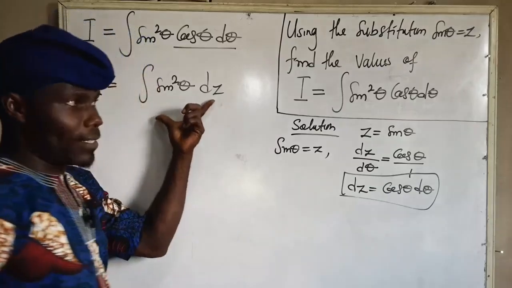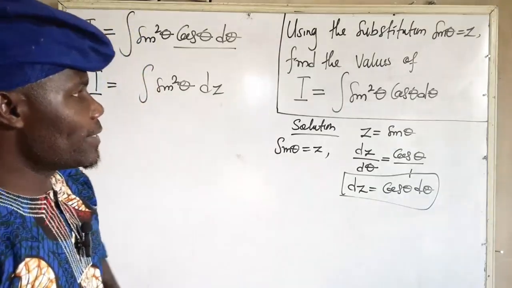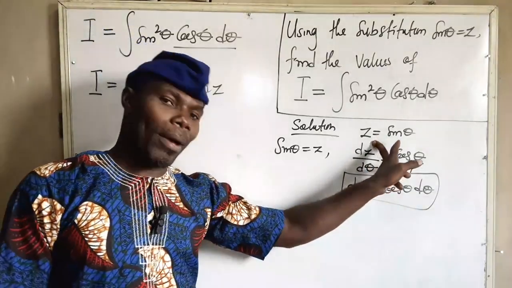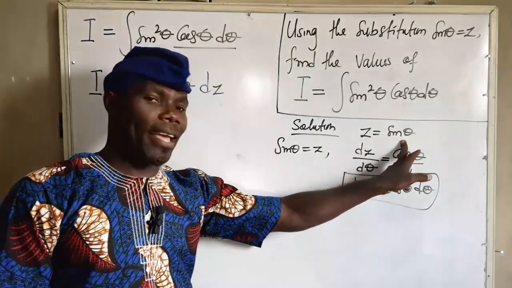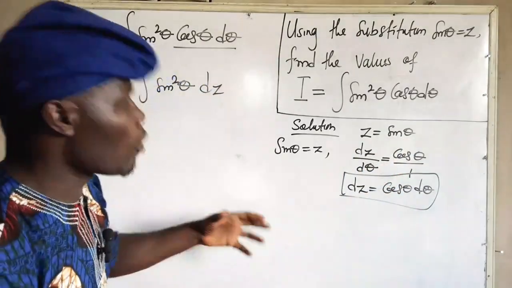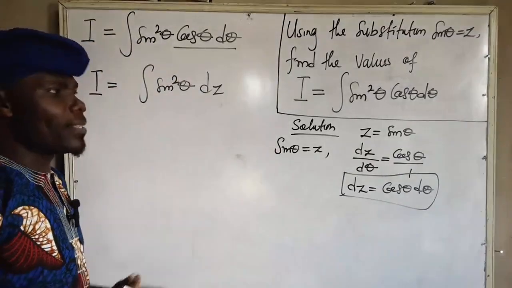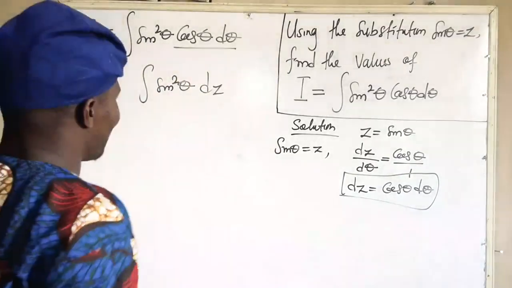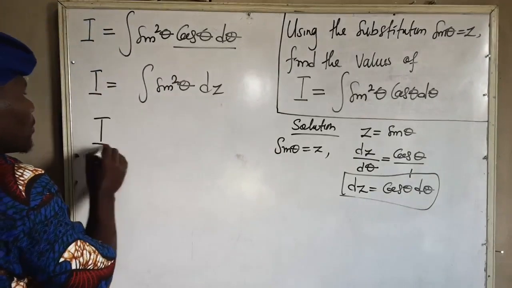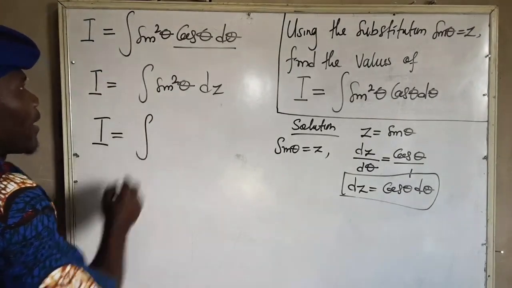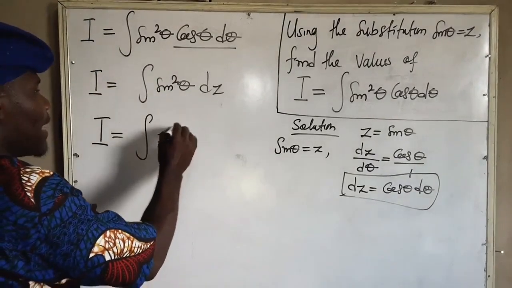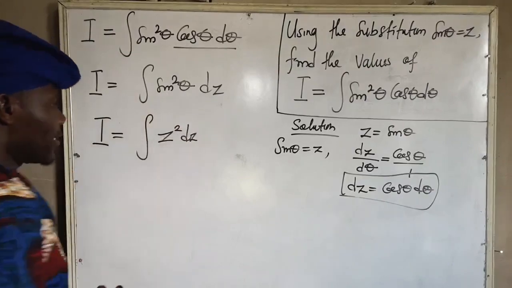So this is it. And what is the value of z already given? Our z is given to be sine theta. Let's also substitute. That is why we are using the method, to make it easy to integrate. Therefore, we have I is equal to the integral of z square dz.